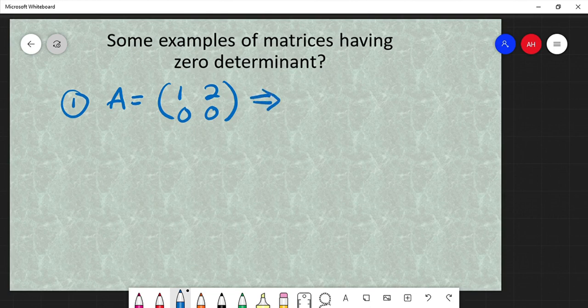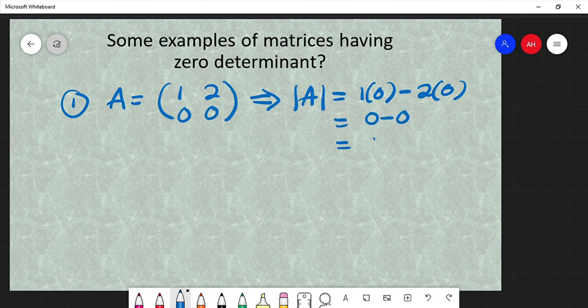Whenever we have a 0 row, then the determinant of this matrix is 0. We can calculate: the determinant of A is equal to ad minus bc, that is 1 times 0 minus 2 times 0. Do you see that this is 0 minus 0? We got 0, right? That's true.